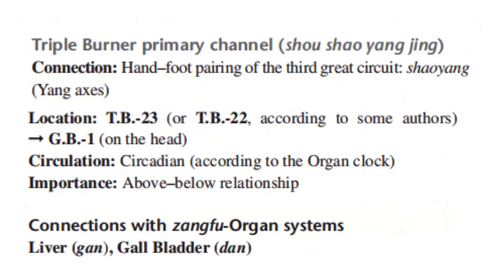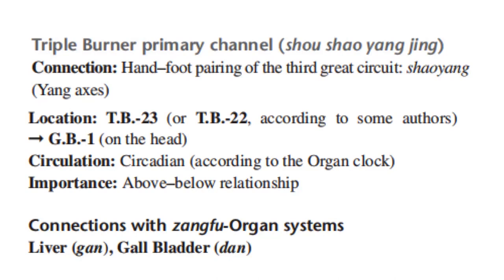Next connection is the triple burner primary channel. This is the connection of the hand-foot pairing of the third great circuit or the Shaoyang on the yang axis. Its location is on triple burner 23 or 22, according to some authors, to gallbladder 1 on the head.